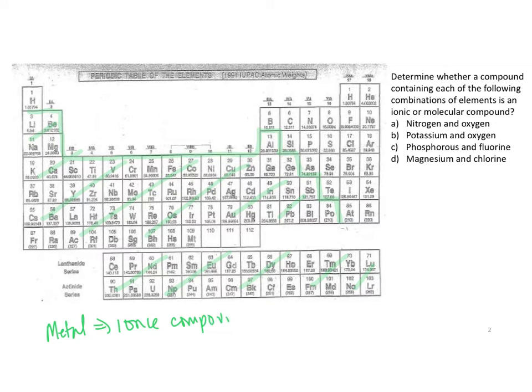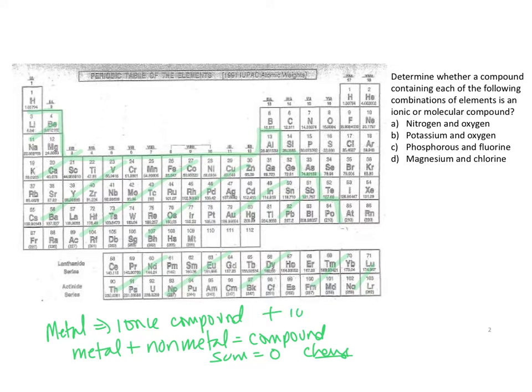Now, metals bond with nonmetals. So a metal plus a nonmetal will make a compound. And they either have to sum to 0, or if there's a charge, then it has to sum to the charge. Now, metals form positive ions. So when I say sum to 0, the metal is going to bring a positive charge.